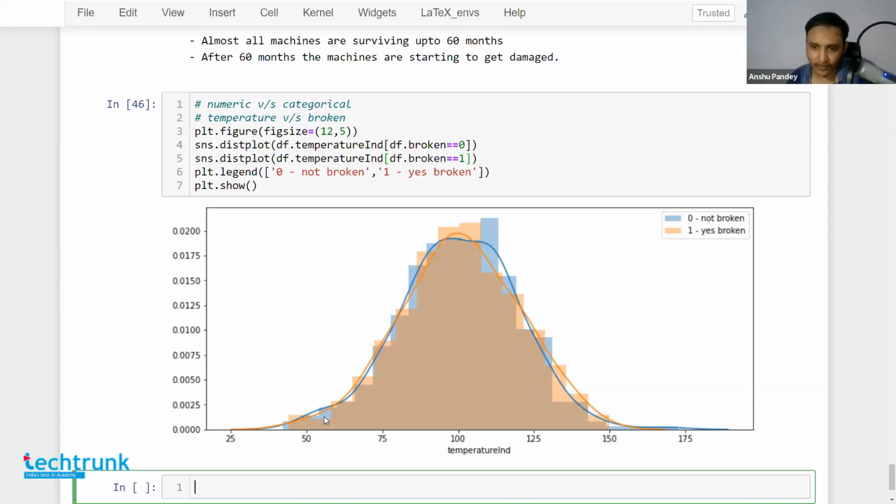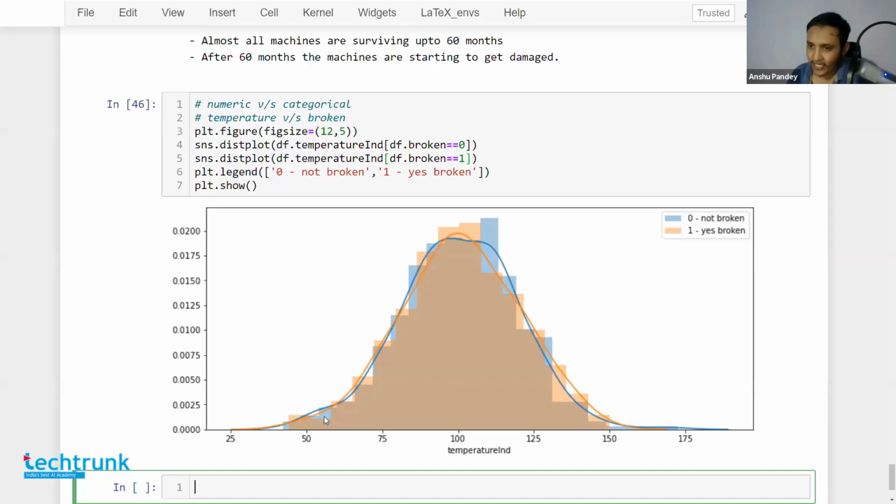Do you agree with that? They overlap at every point, right? I hope all of you agree. That means at every value of temperature, the probability of machines getting damaged is almost equal to the probability of machines not getting damaged.